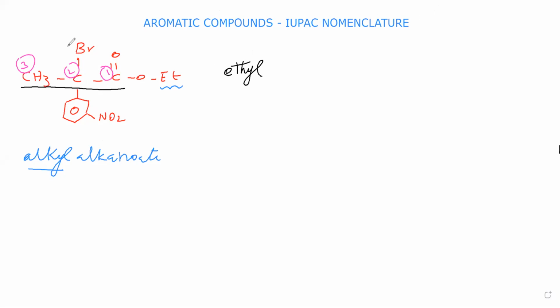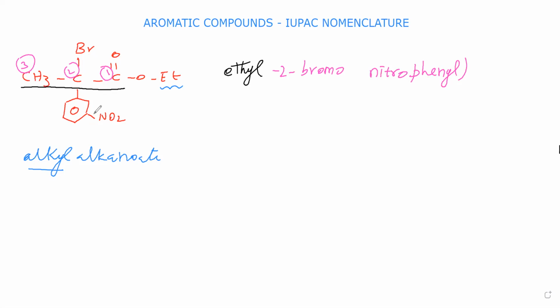Now we have to say the substituent names as prefixes. This is bromo. That bromo is present at the second carbon, therefore 2-bromo. Then this C6H4 is attached to the parent chain carbon. This we have to write as phenyl. Then this is nitro.